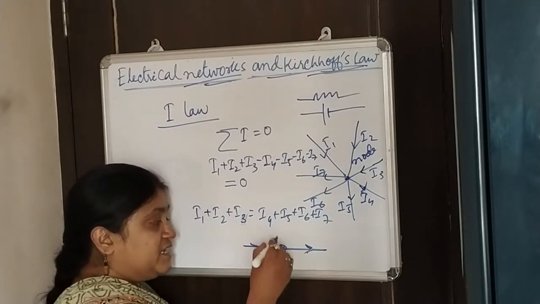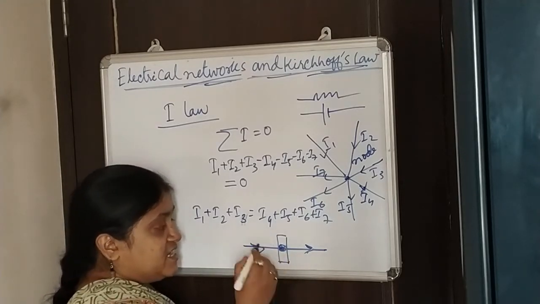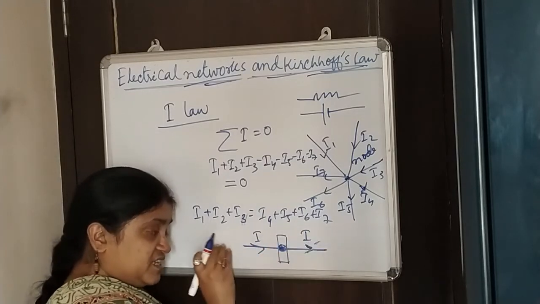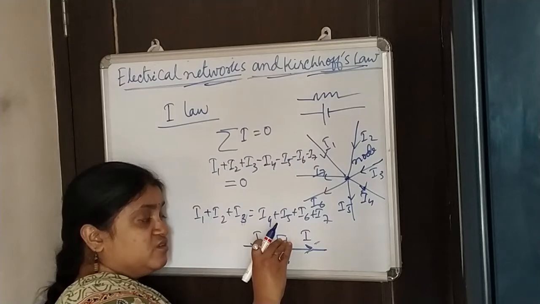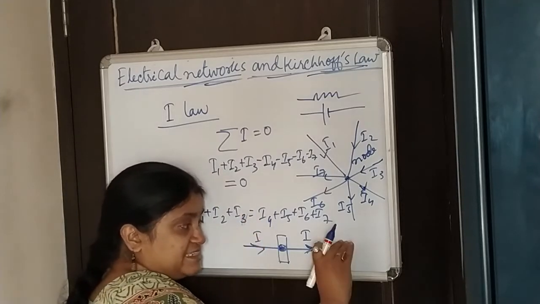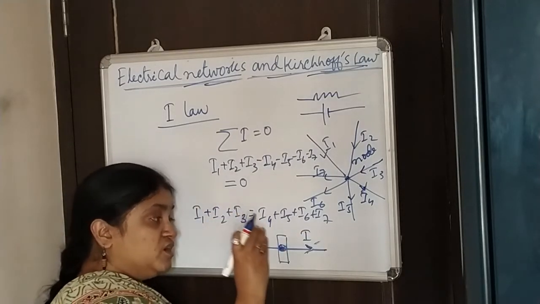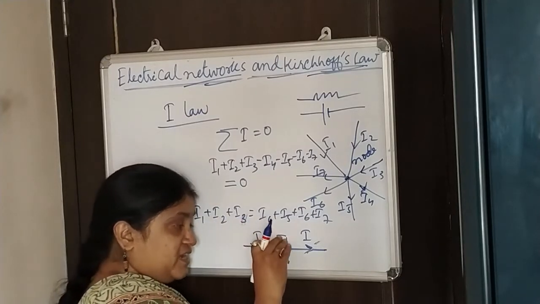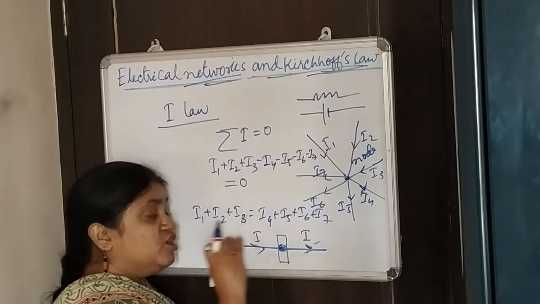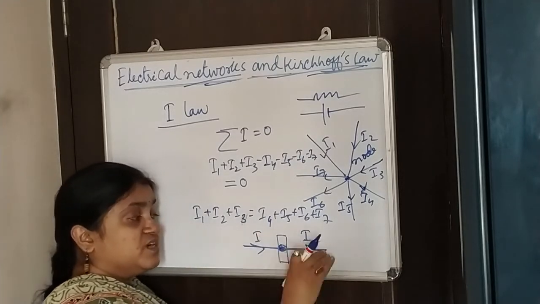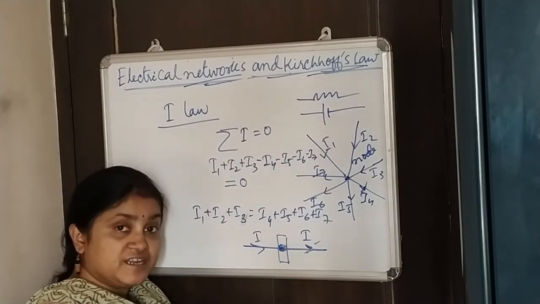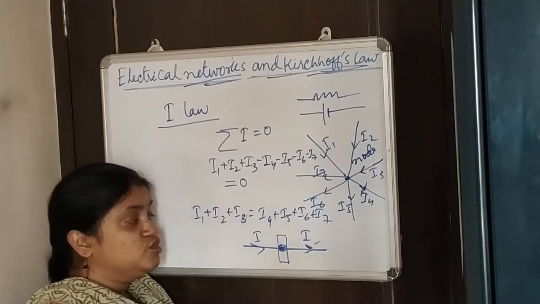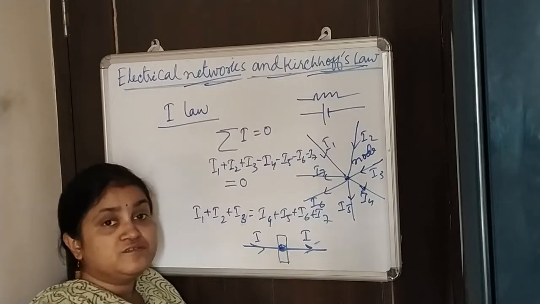It means it shows conservation of current: all the current entering the node, the same amount of current is leaving the node. There is no current which is stuck or piled up or accumulated here. So it shows the conservation of current, or conservation of flow of current. So this is Kirchhoff's first law.